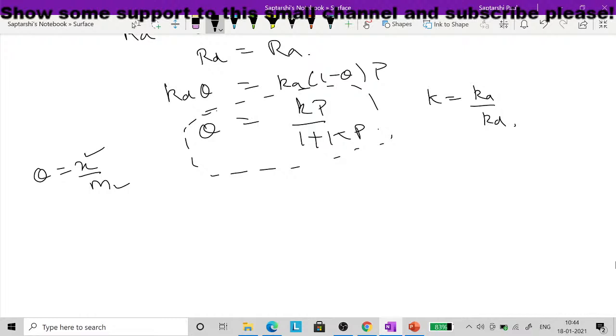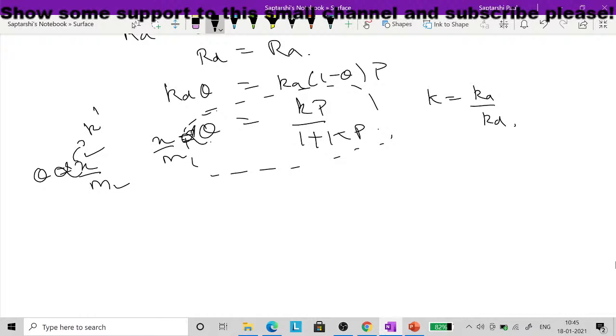So if we replace theta by x by m, and do some manipulation, this is proportional to theta. This is proportional, not equal. We just introduce one more constant, which is k prime.